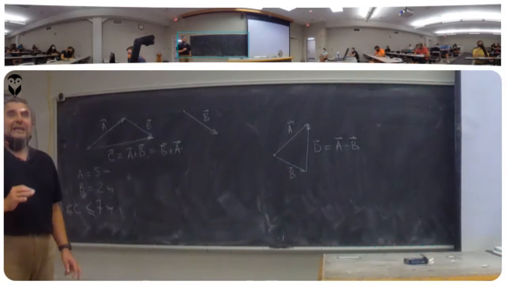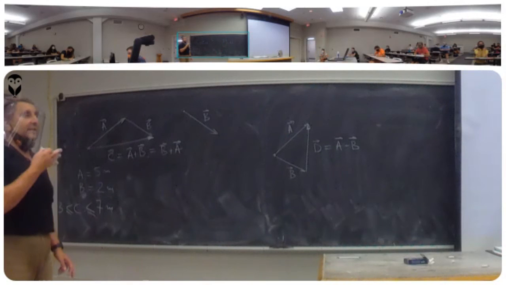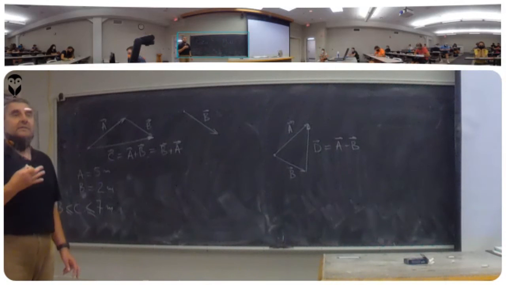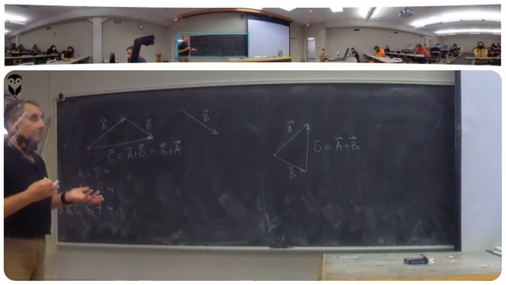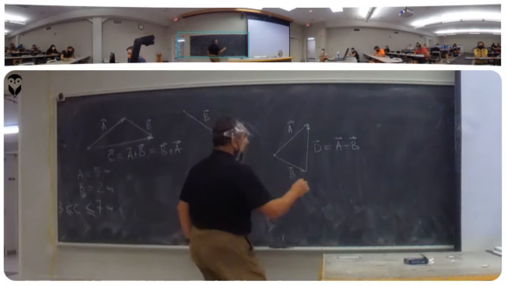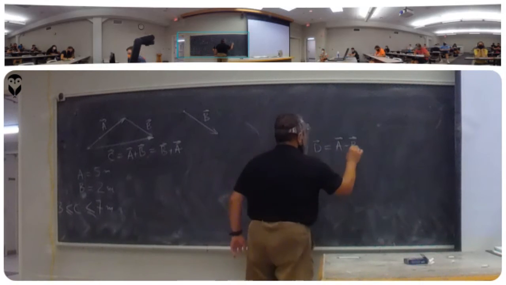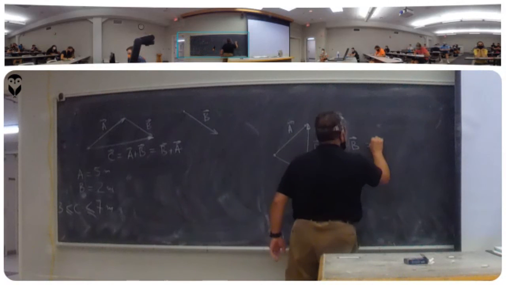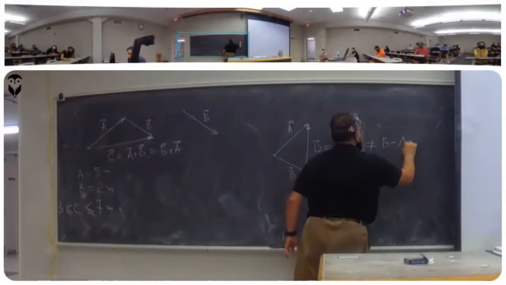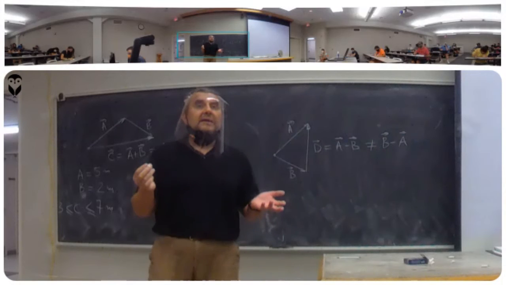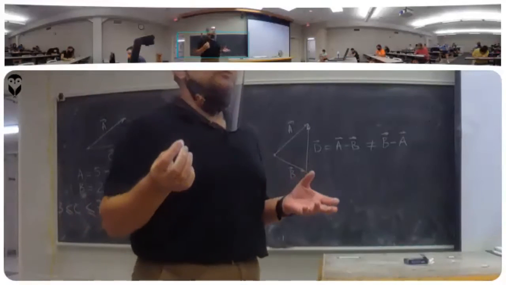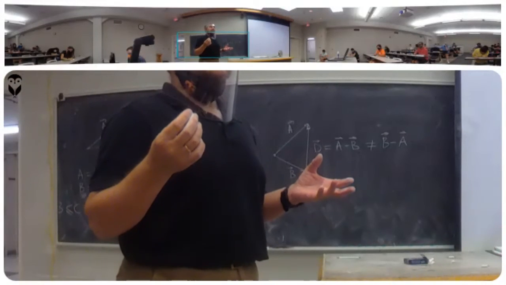Again, you can demonstrate that some of the usual rules that are valid for numbers are valid for vectors. Keep in mind that A minus B is different from B minus A as vectors. Just like numbers, right? 8 minus 2 is 6.